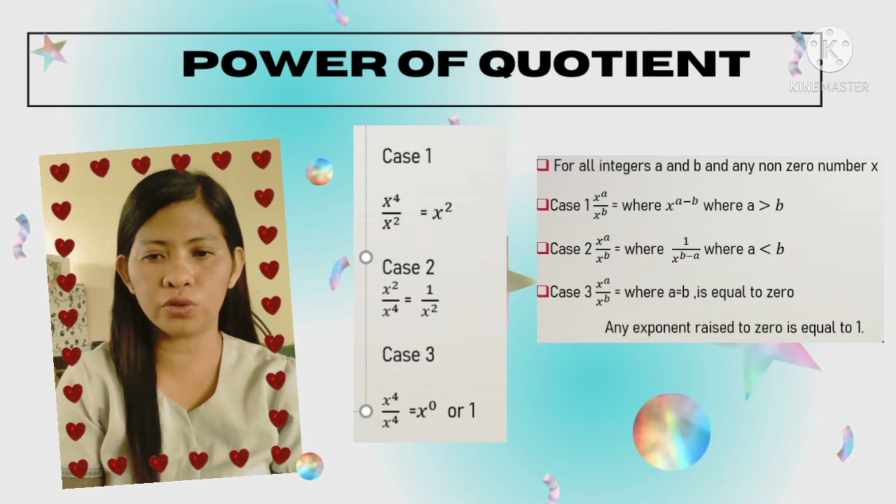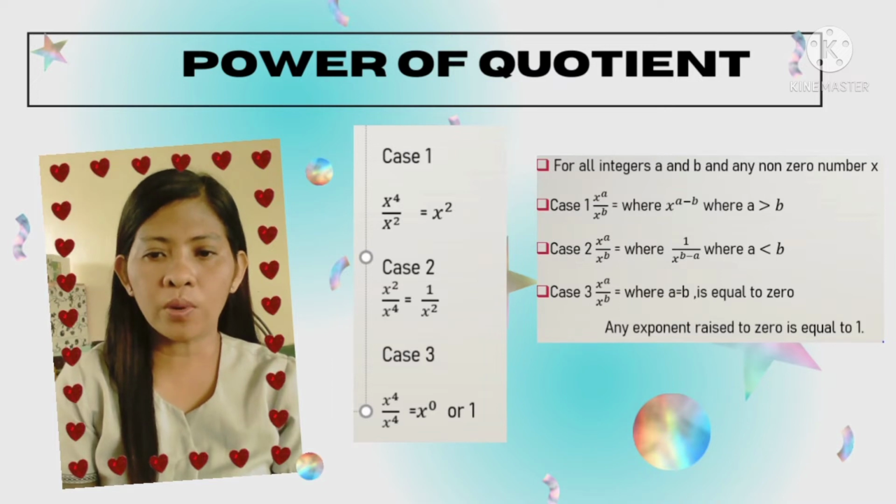Case number 2, x raised to the a power over x raised to the b power, where 1 over x raised to b minus a, where a is less than b. So in this situation class, the exponent of the numerator is less than the exponent of the denominator, or the exponent of the denominator is greater than the exponent of the numerator.